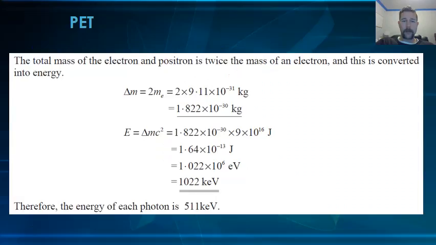So looking at the positron-electron annihilation, we have the mass of the two particles, which is given here, and this mass is obviously converted to energy, being those two photons. So using E equals mc squared, we can find the energy in this reaction, which is given there. But this is shared between the two photons, so half of that is the energy of one photon.